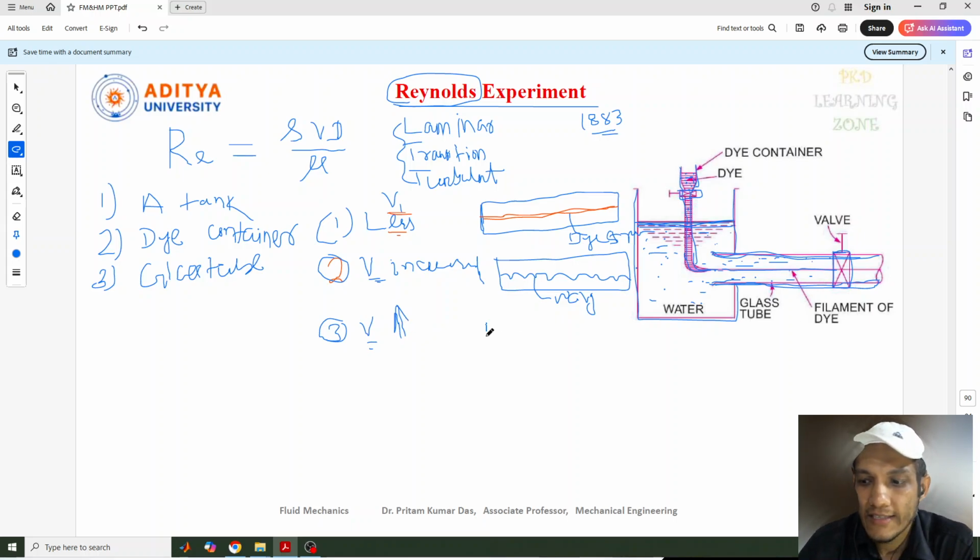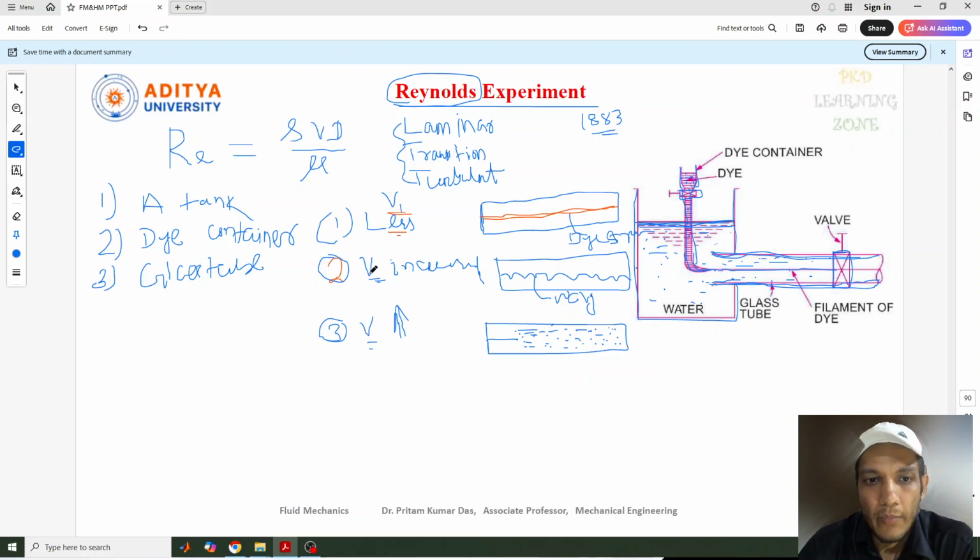At this condition the filament becomes like this and starts moving here and there, a zigzag motion, or you can say a diffuse filament. That means the dye filaments are moving haphazardly.